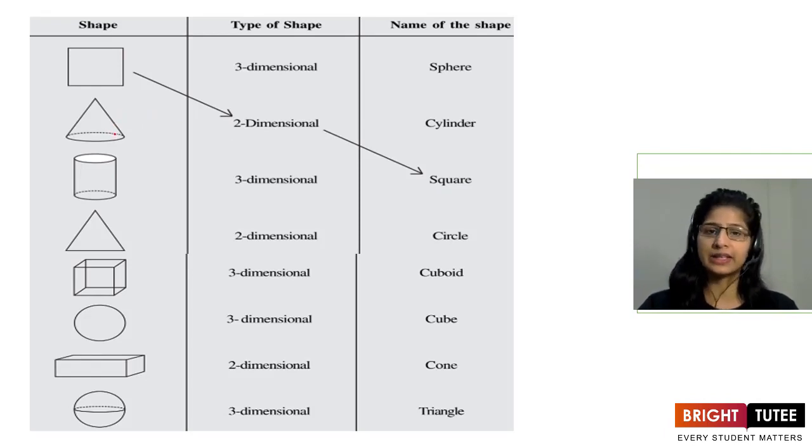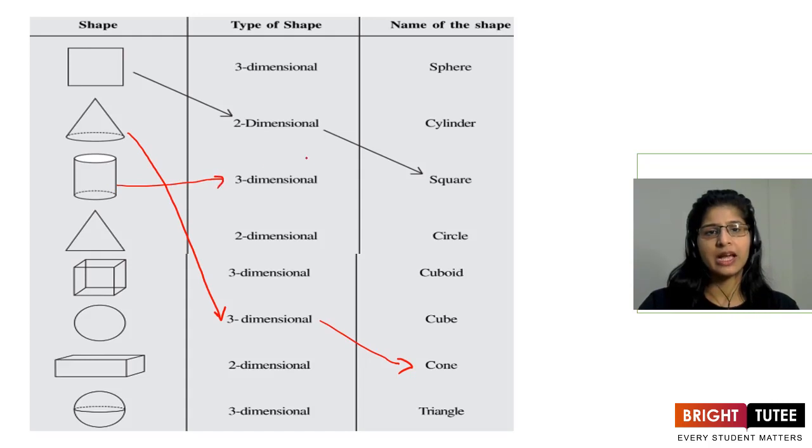Cone is three-dimensional, so we will connect this to three-dimensional like this, and three-dimensional will connect to cone like this. Clear? Then the next is a cylinder. It is three-dimensional, so you can connect it to three-dimensional and then to cylinder.